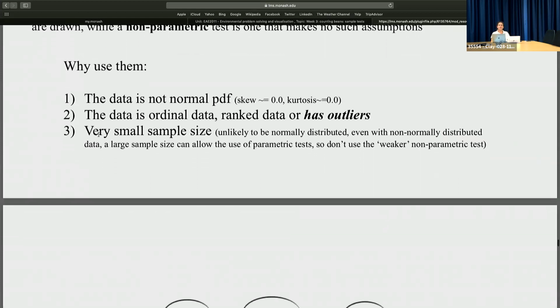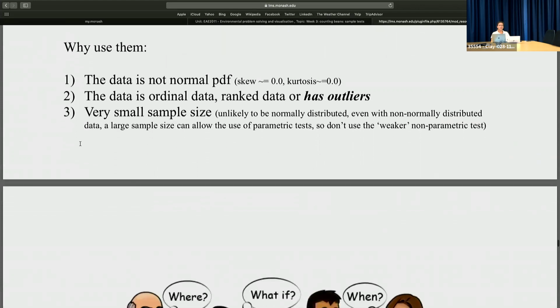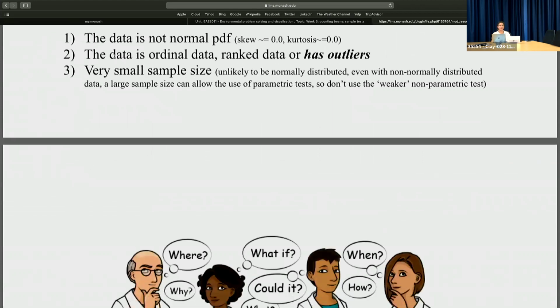And sometimes I have a very small sample size. So very small sample sizes, remember the case with the dice, are unlikely to be normally distributed. Okay, so often all we need to do is try to get larger sample sizes.